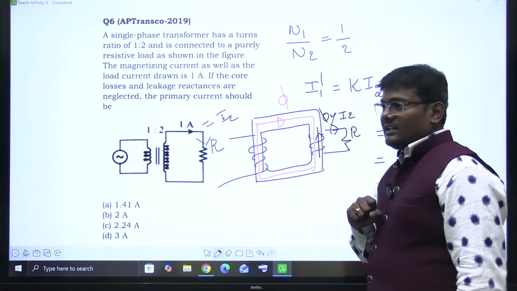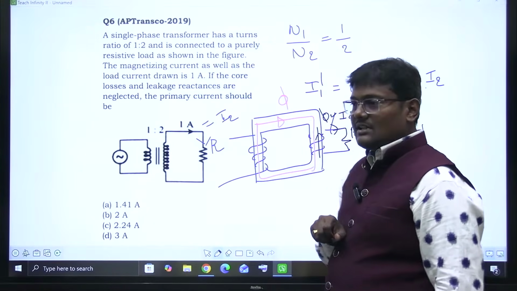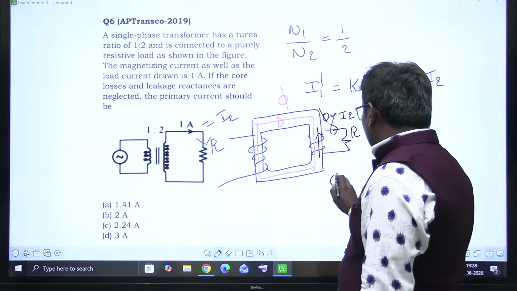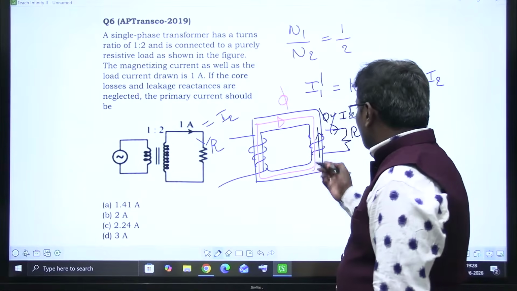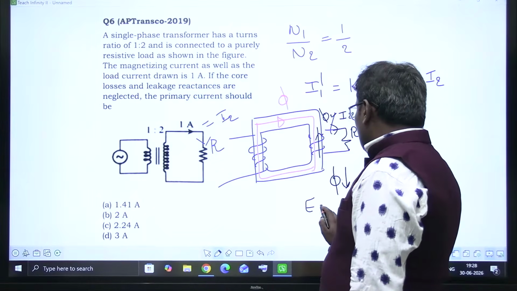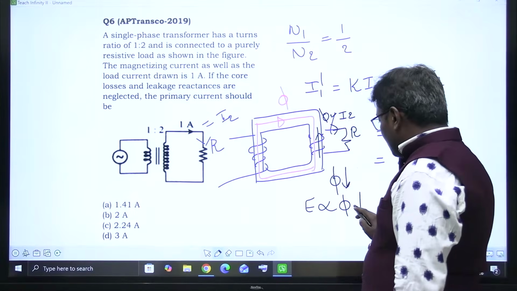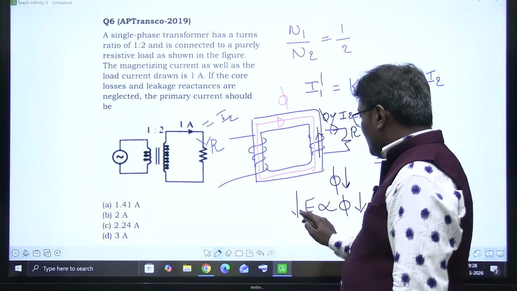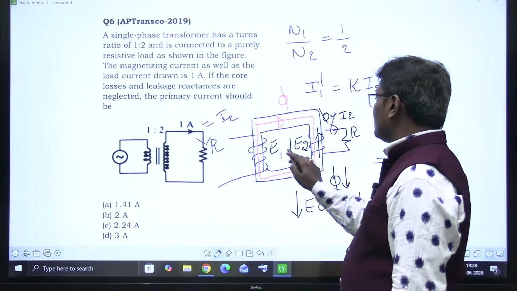What happened to the net flux? The net flux value will decrease. Since E is directly proportional to flux, if the flux decreases, the induced EMF in the primary and the induced EMF in the secondary both decrease.